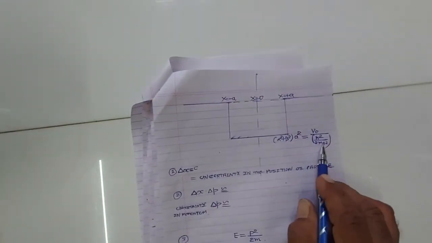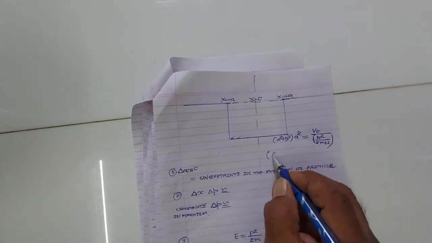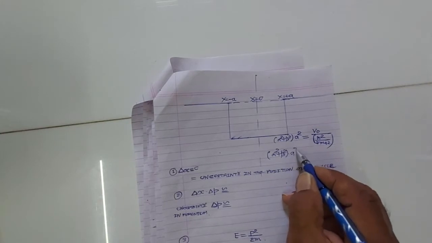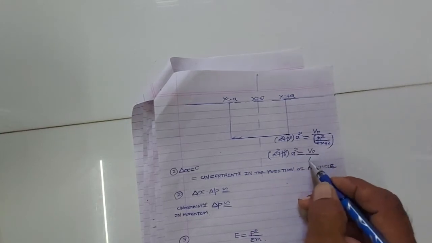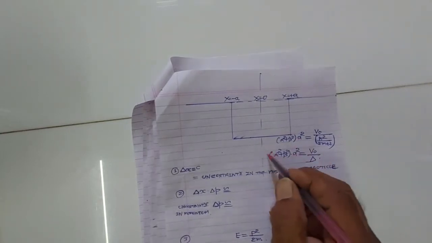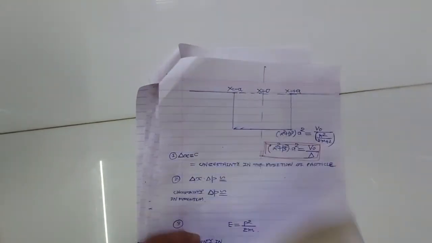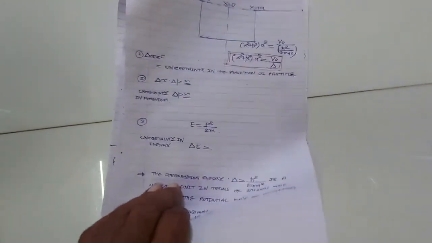This h cross square upon 2m is called delta. So alpha square plus beta square into a square is equal to V0 upon delta. We are getting this equation, and I give it an equation number.